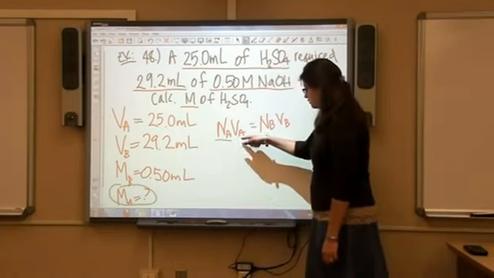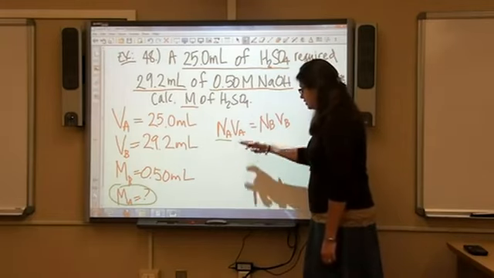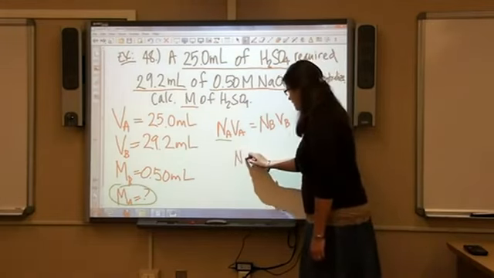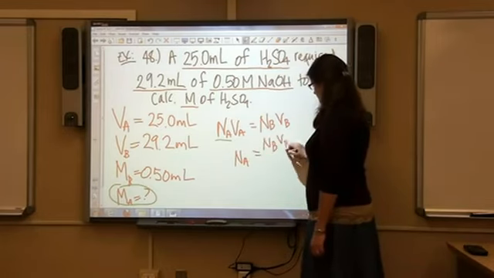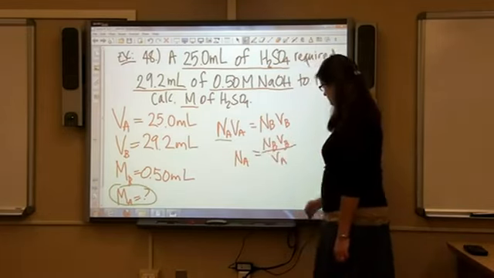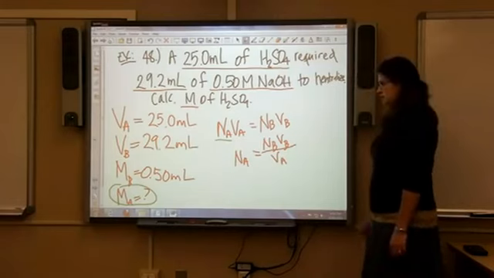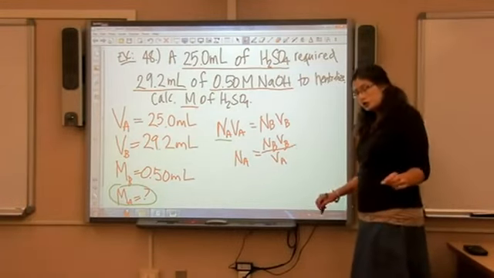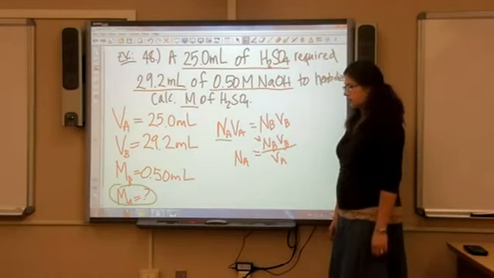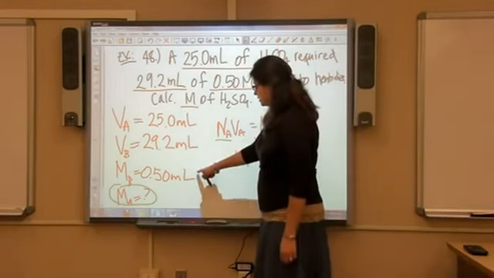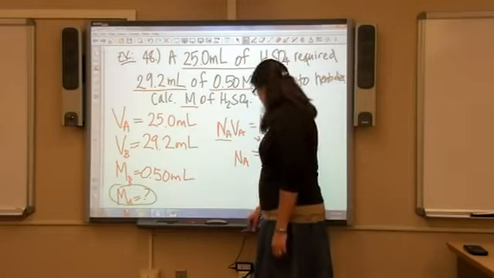That means we have to get rid of that VA. You're multiplying, so you want to divide both sides by VA. So you should get NB VB divided by VA. Okay, look at this. Before you plug and chug, you need to have normality here, not molarity. You have the molarity here of your base. So let's just quickly calculate.